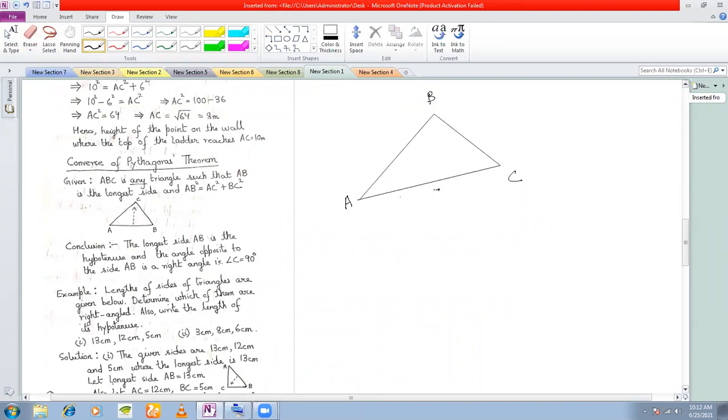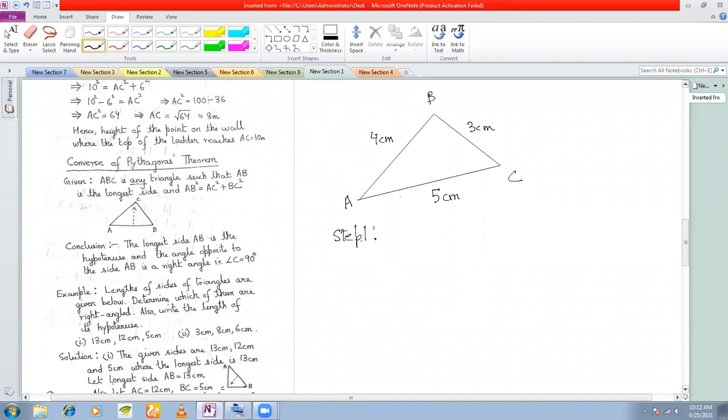Suppose we know the length of this to be 5 centimeters, this to be 4 centimeters, and this to be 3 centimeters. Now the question is we want to check whether this triangle is right angled or not. We only know the sides, right? So first of all, we are going to choose the greatest side. This is what the converse of Pythagoras' theorem is.